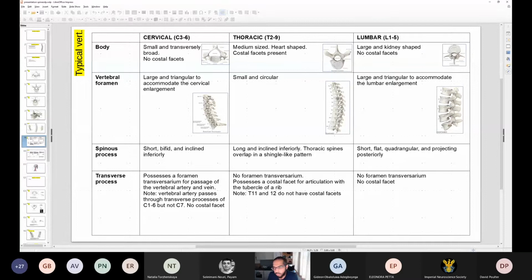In the lumbar region, the spinous processes are short, flat, and quadrangular in shape. They project posteriorly, so they point posteriorly rather than directly inferiorly, as in the cervical and thoracic regions.